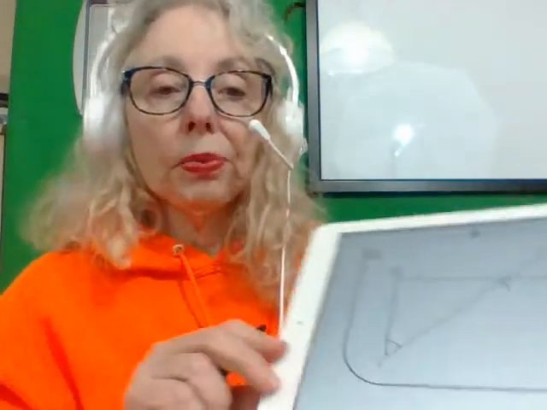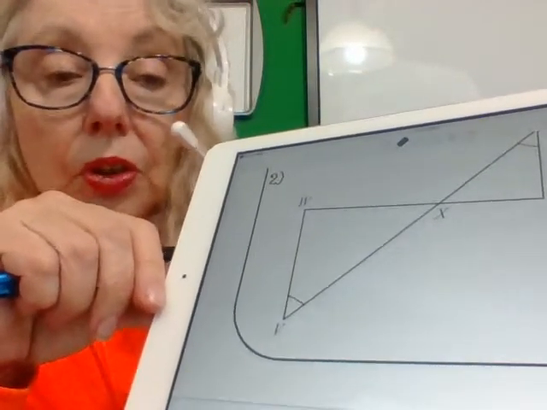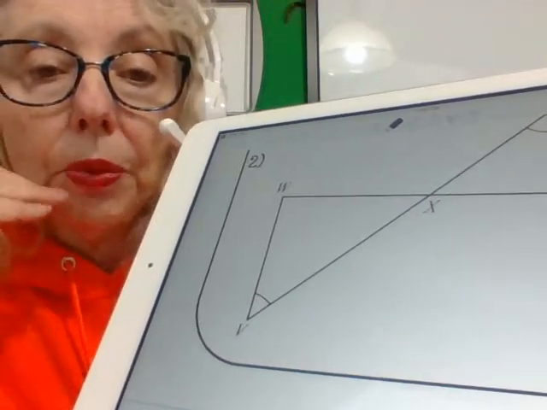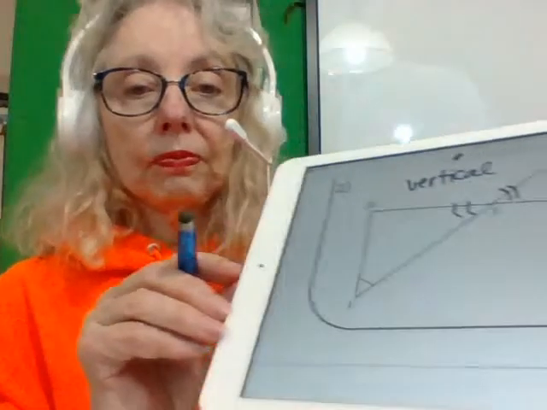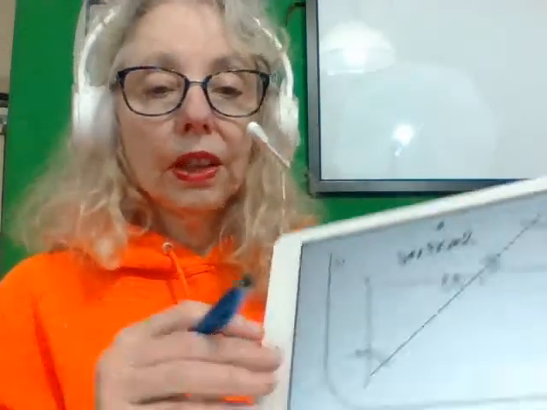Now, sometimes we have to look for our special angle pairs. The special angle pairs are vertical angles, corresponding angles, and alternate interior angles. If you look at this one, you'll see that we have vertical angles right here at X. These two angles are congruent because these are our vertical angles. So therefore, since those two are congruent and this one is congruent, these two are congruent because of those angles.